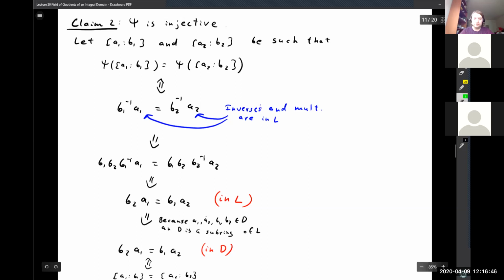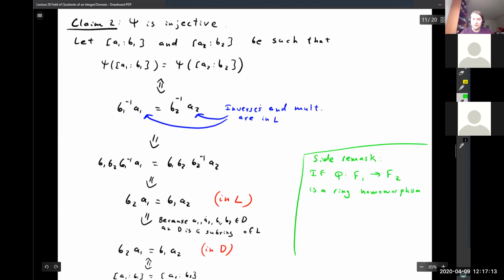So let me make a side remark. If phi is a map from F1 to F2 that is a ring homomorphism, and F1, F2 are fields, then necessarily phi of x inverse equals phi of x, inverse.